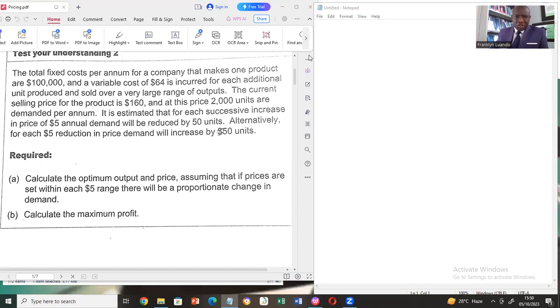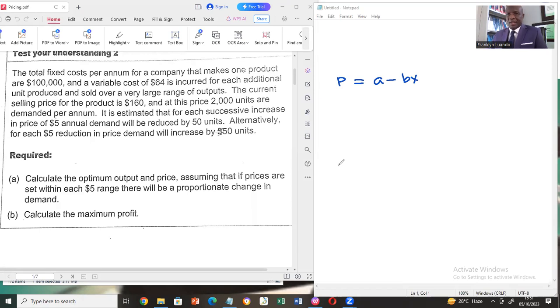So the demand function formula is, price is equal to A minus BX, where A is the price at which demand will be nil.